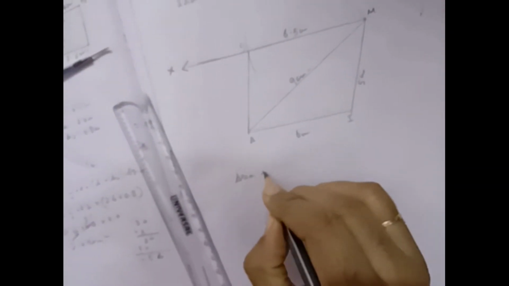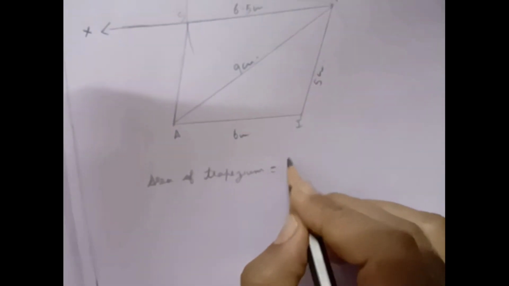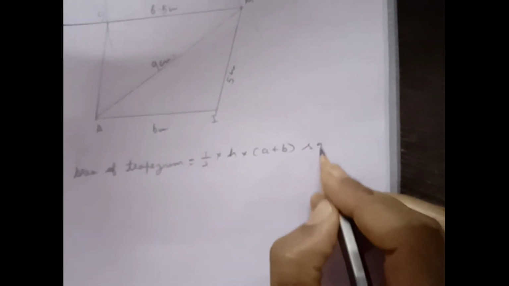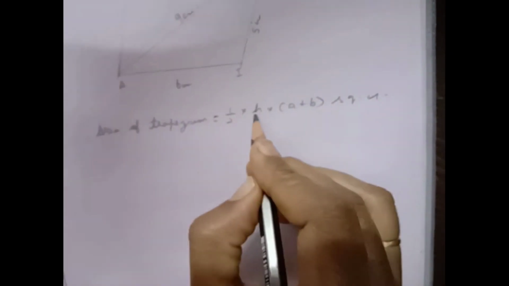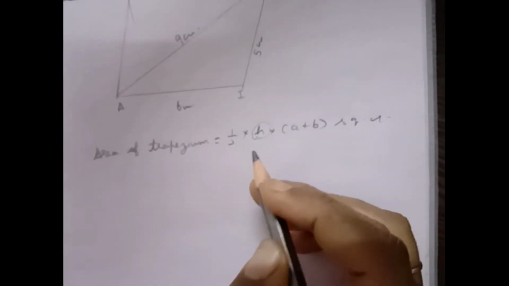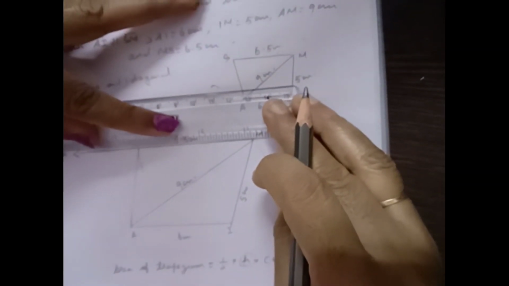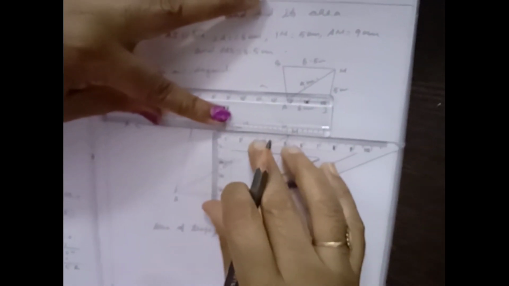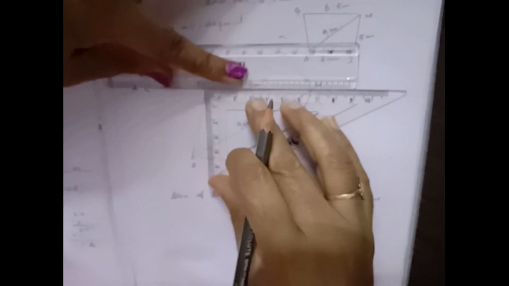Now area of trapezium equal to half into h into a plus b square unit. Now you have to find out the h value. Keep the scale and then move the set square to 90 degree.